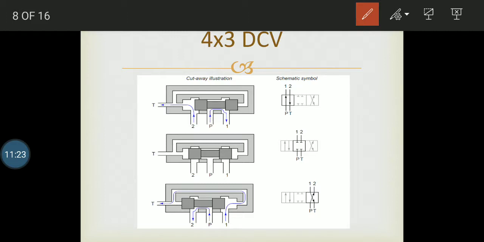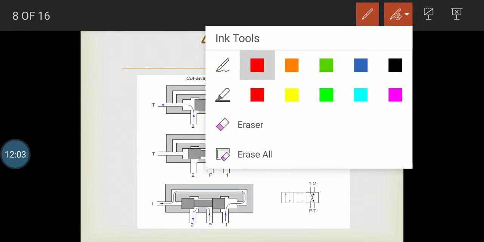I am having a flow from P to 1 and 2 to T. So this section is having a flow from P to 1 and 2 to T. Then in the second section, when I have pushed the piston further, it will block the complete movement of the fluid, which resists the motion of the fluid, and hence the motion of the fluid gets restricted. So in the second section, no fluid will be passed.